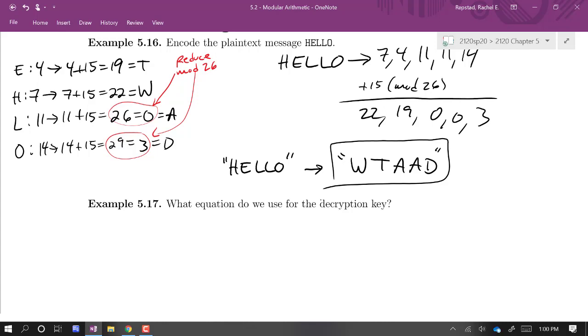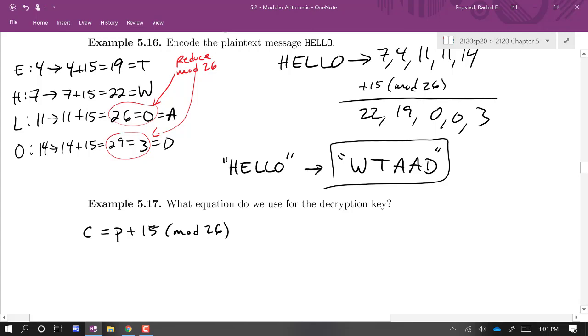But if I'm sending it to somebody and I know that they're the only one who knows the encryption key, and then they want to decrypt it, for the decryption key, first I'm going to start with our encryption equation, right? We took the plain text, we added 15, and then we reduced mod 26.